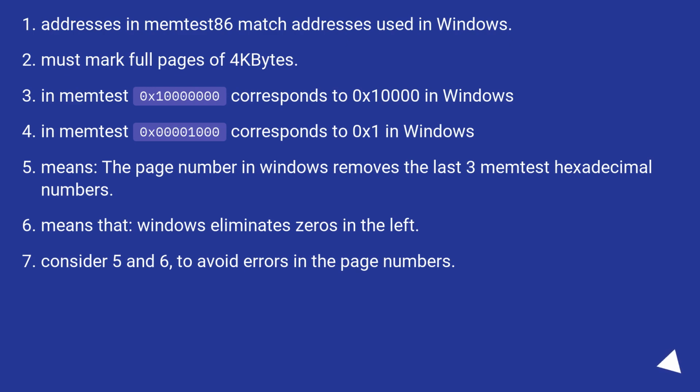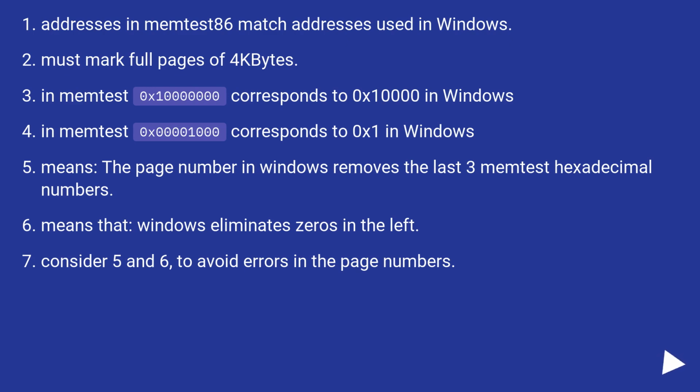In MemTest 0x10000000 corresponds to 0x10000 in Windows. In MemTest 0x00001000 corresponds to 0x1 in Windows. Means, the page number in Windows removes the last 3 MemTest hexadecimal digits. Means that Windows eliminates zeros on the left.